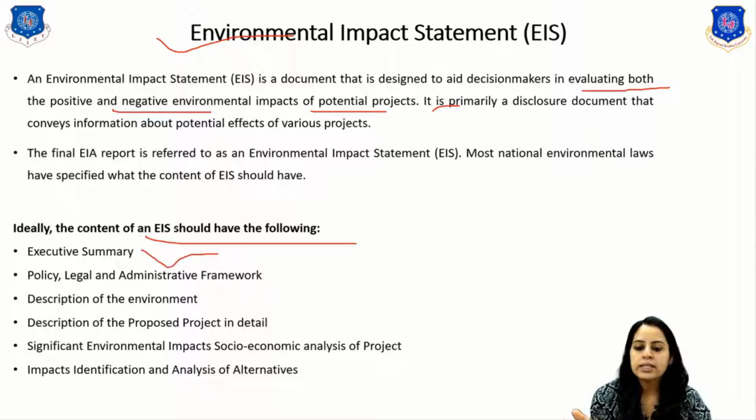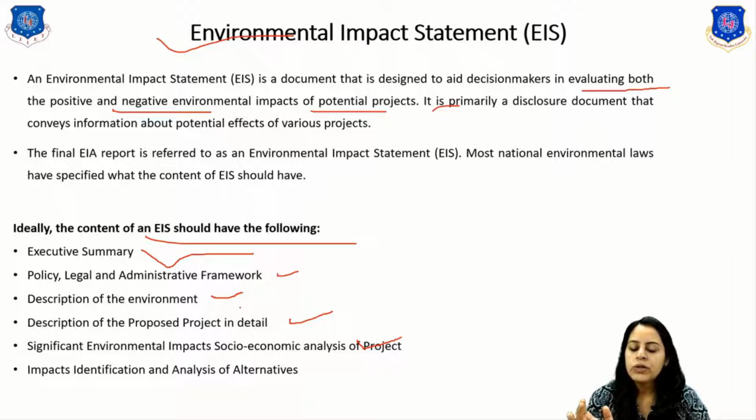The first is the executive summary, then policy, legal and administrative framework, then description of the environment, description of the proposed project in detail, significant environmental impacts, socio-economic analysis of the project, and impact identification and analysis of alternatives.